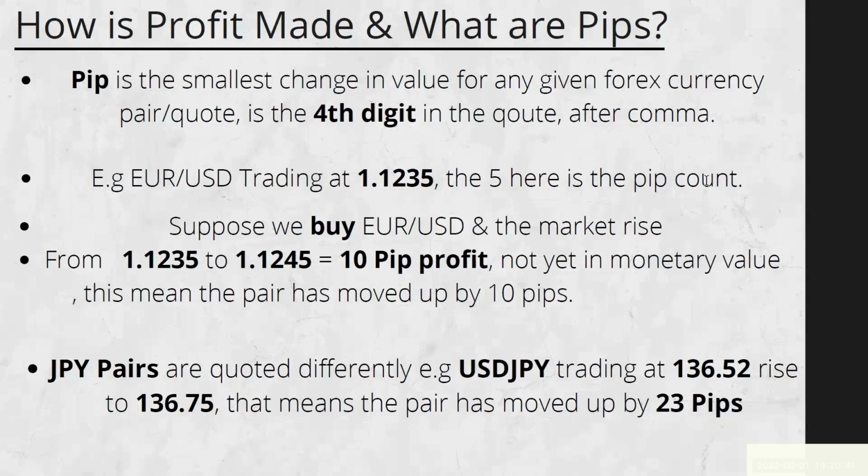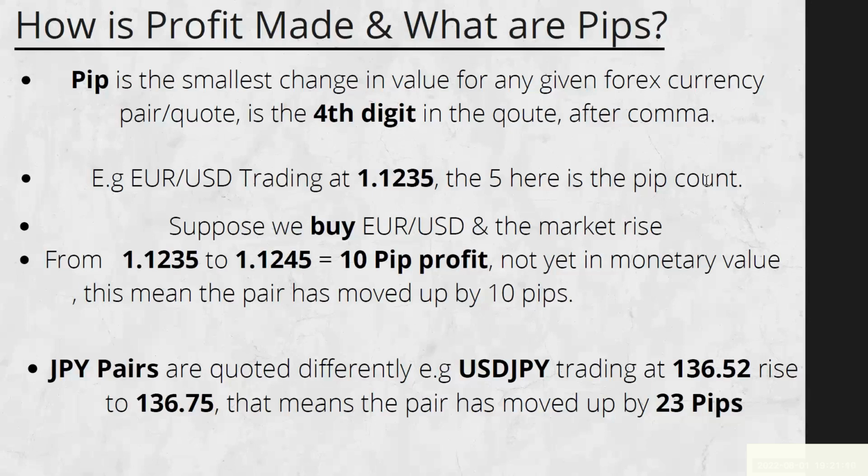When it comes to pairs that involve the Japanese yen, what I also want you to know is that in USD, the US stands for United States and the D stands for the currency. The same thing with JPY, which means Japan, Japanese yen. So when you're calculating pips with currencies that involve the Japanese yen, the number changes. The method, or the anatomy, is still the same, it's just the change in numbers.